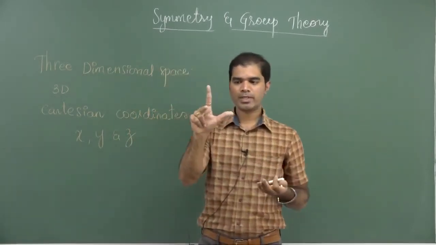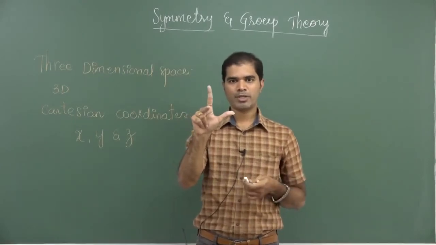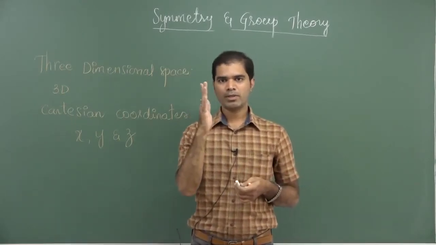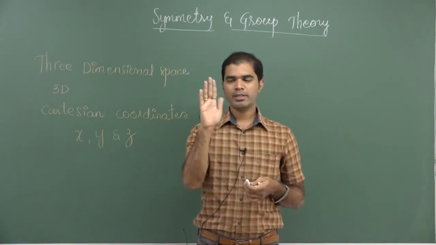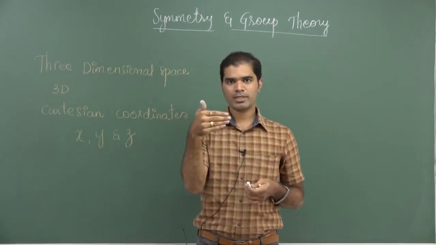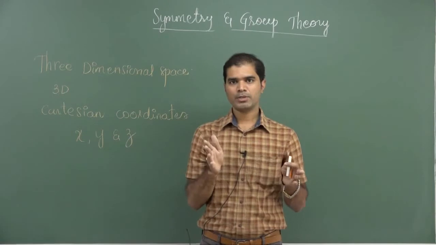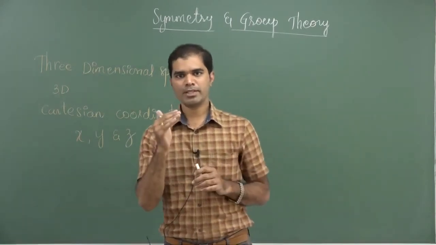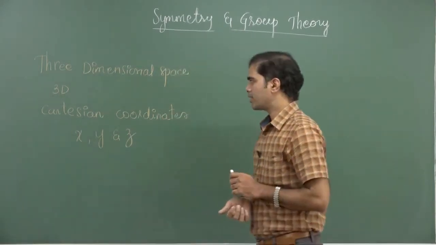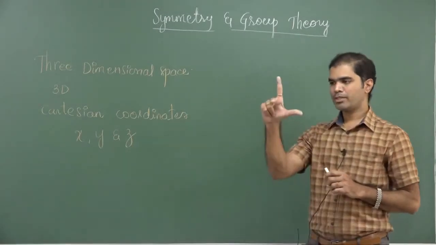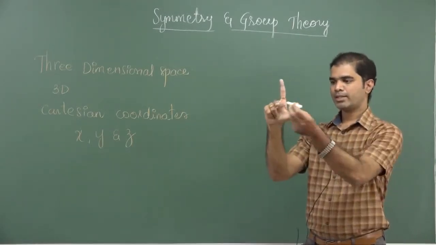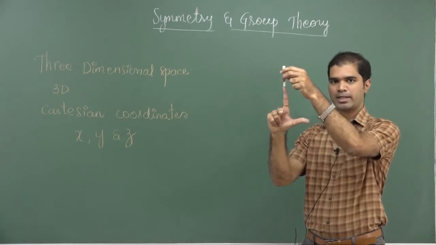Now whatever molecule I say, when you try to find out the symmetry, you have to imagine the molecule, and put the orientation in such a way that it falls in these spatial coordinates. Then you can simply operate some symmetry elements, and you will understand the symmetry of that particular molecule. Okay. So I am just representing it again, x, y and z.